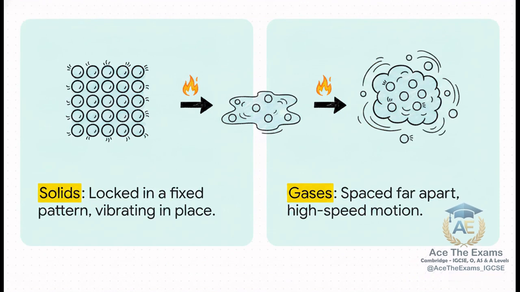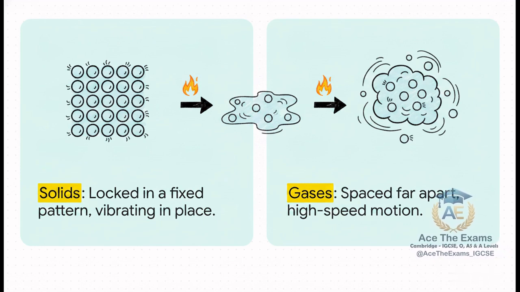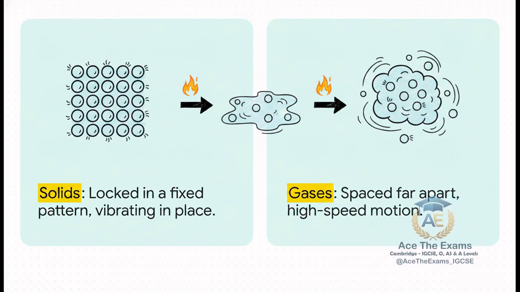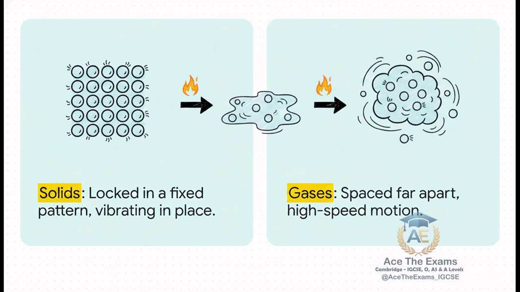Notice how this movement completely changes across the 3 states of matter. In solids, the particles are locked in this fixed, regular pattern. They can't move around freely. They're just vibrating in place, held tight by strong attractive forces. But if you add heat, you're essentially giving them a massive energy boost. Those particles vibrate harder and faster until, bam, they break out of that rigid pattern.